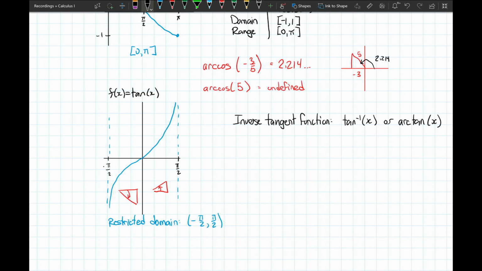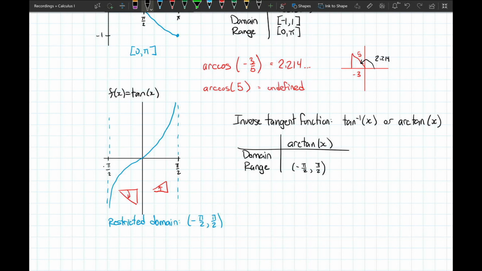Now, if you want to think about the domain and range of arctangent, just because that's the way I like to use, then we can go ahead and reverse this. Because we've restricted the domain of tangent x to negative pi over 2 to positive pi over 2, that's going to be the range of arctangent of x. But what is the domain of arctangent of x?